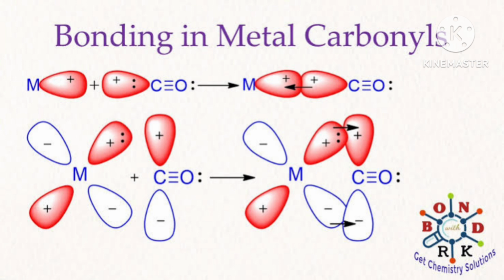Correct? And it looks like a circle. The 6 carbonyls are surrounding the chromium, all joining with chromium, just like a circle. All 6, and its structure is octahedral.